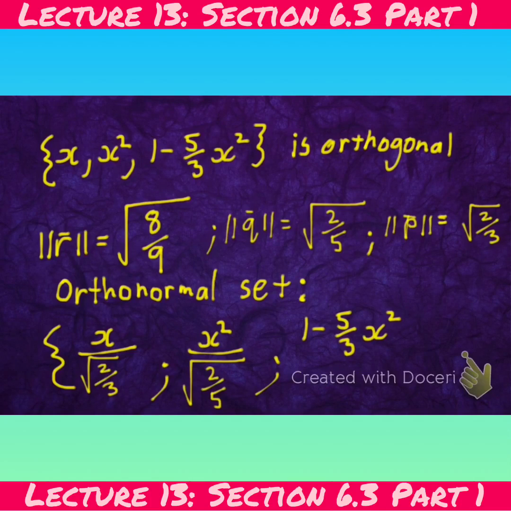We calculated the norm of this function as the real number square root of 8 over 9, and that is your orthonormal set. So this example just illustrates the difference between an orthogonal set and an orthonormal set. All right, because we're going to need this definition for the other results in this section.